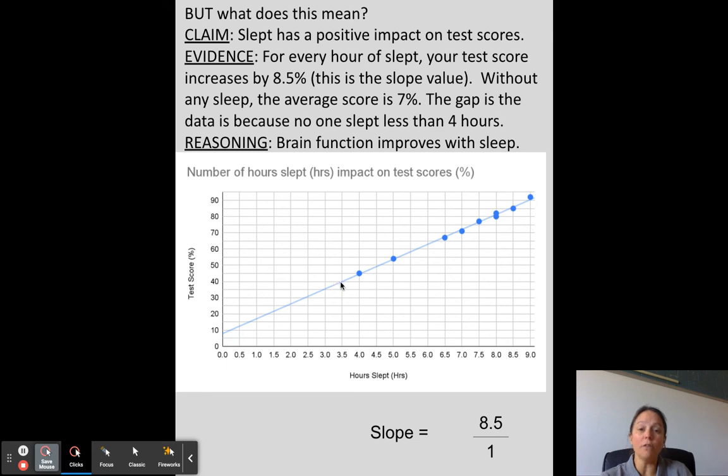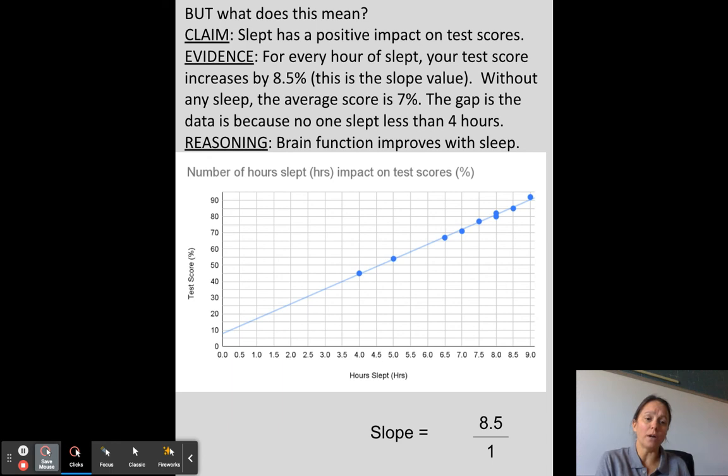Well, because all of the people that we analyzed had at least 4 hours of sleep. That's what this means. And so notice we can make the claim that sleep has a positive impact on test scores using the data from the graph.